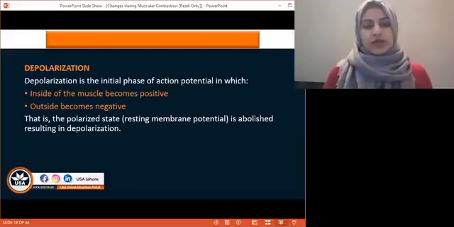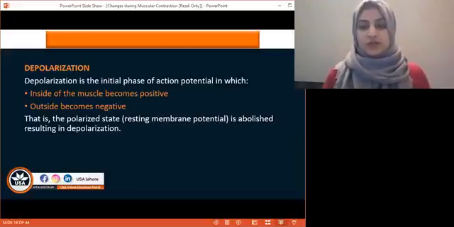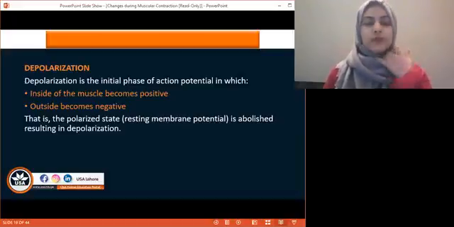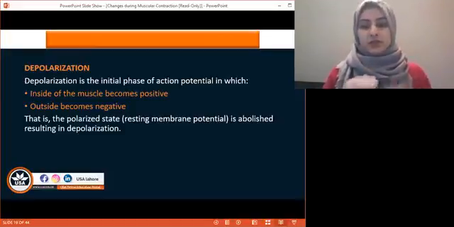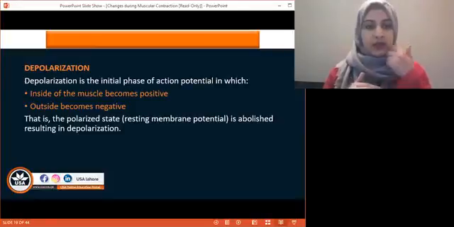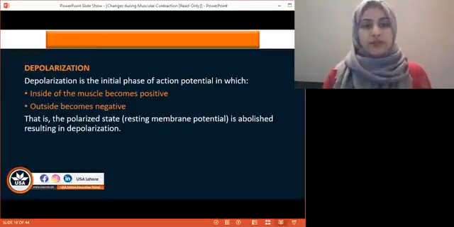So, what is depolarization? First, we will discuss depolarization in detail. Depolarization is the initial phase of action potential in which the inside of the muscle becomes positive and the outside becomes negative. So, what was previously in the resting membrane potential will be reversed. In resting membrane potential, the inside was negative and outside was positive. Now, in depolarization, opposite things are happening.